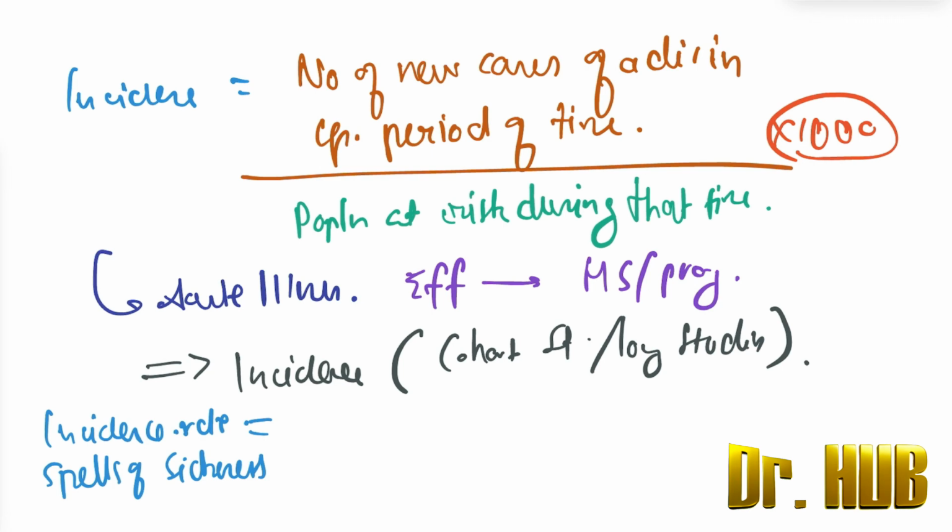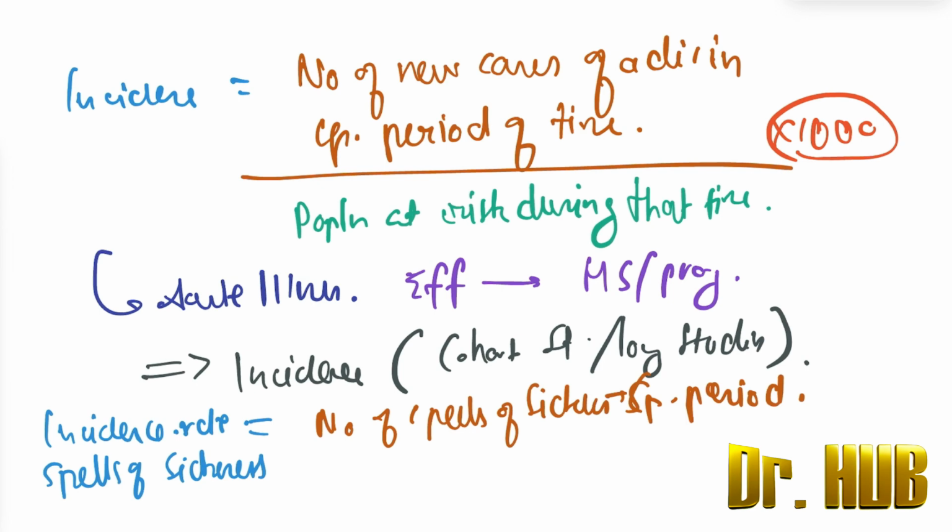This is equal to the number of spells of sickness starting in the particular period, divided by the mean number of people exposed to that risk in the specified time.